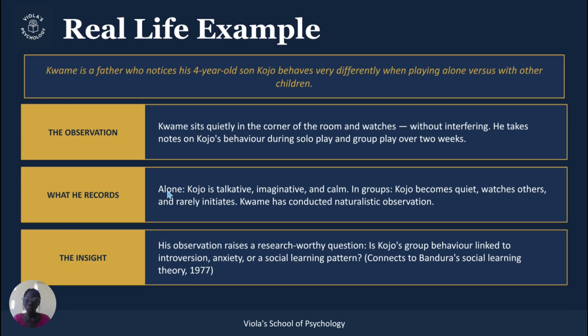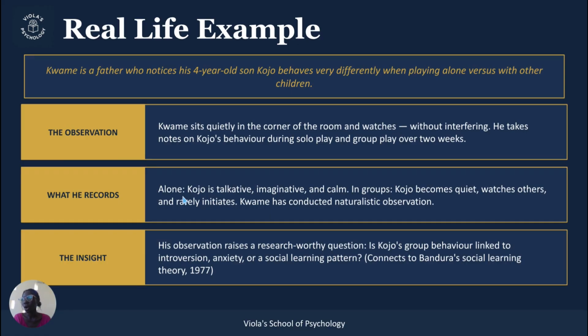So Kwame has now described a phenomenon, which is his son. His son is his study of interest. He has described this phenomenon accurately. There is validity because now he has measured what he wanted to measure, which is his son's behavior in two different contexts.